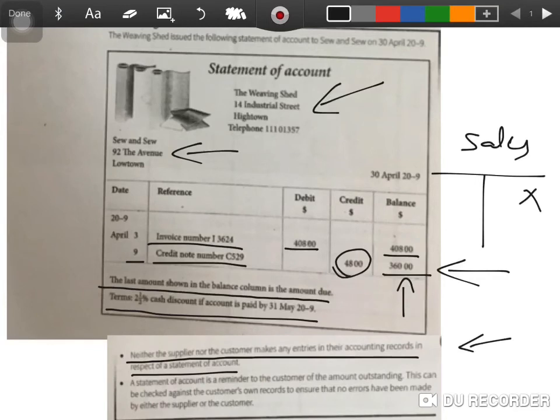There are accounting entries made in respect of that invoice, but there are not going to be any accounting entries made in respect of this statement of account.